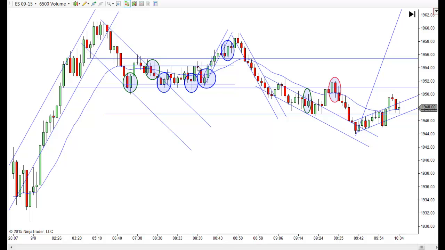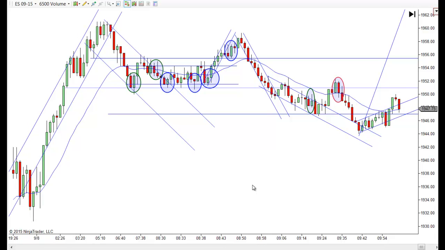It's tempting to sell it up here as well, and you could have. But the bias was still kind of up because we're still looking for a possible retest of the highs. And so I'm still thinking long. We traded up pretty much into this range, although there's somewhat of an argument that we traded down from here into it.